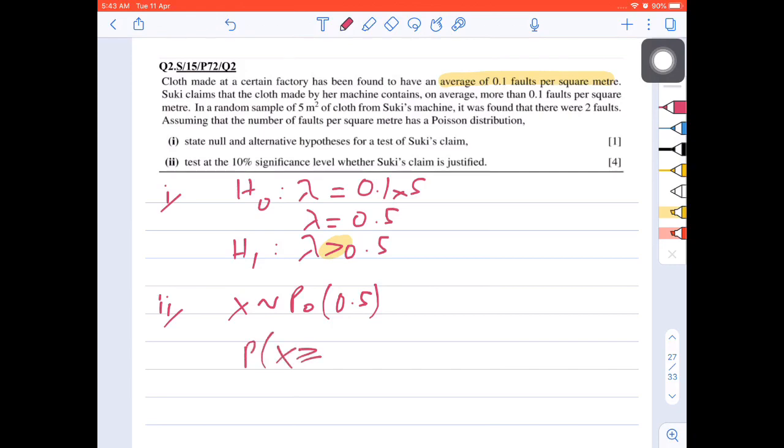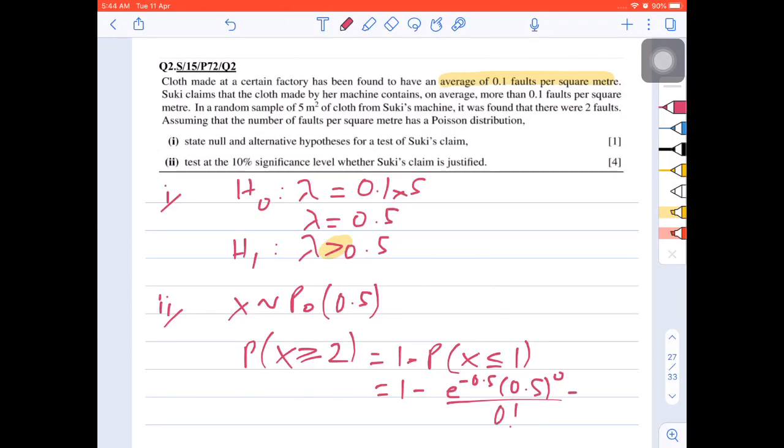So let's take the probability of X greater than or equal to, let's try 2. That will be equal to 1 minus the probability of X less than or equal to 1. So 1 minus, for Poisson, the probability will be e to the power negative 0.5 times 0.5 to the power 0 upon 0 factorial, minus e to the power negative 0.5 times 0.5 to the power 1 upon 1 factorial.